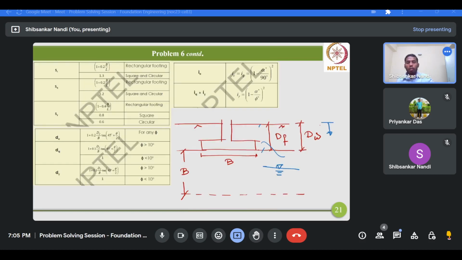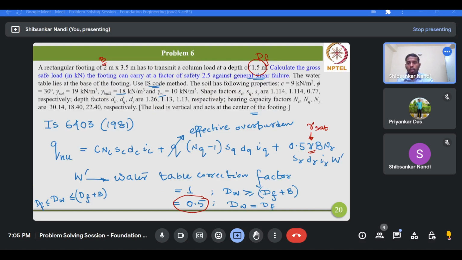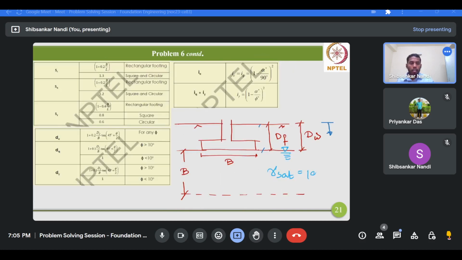Why? Because now the water table is at this location, the foundation level. So that's why this will be gamma sat. It will be completely saturated, and this value is 19.